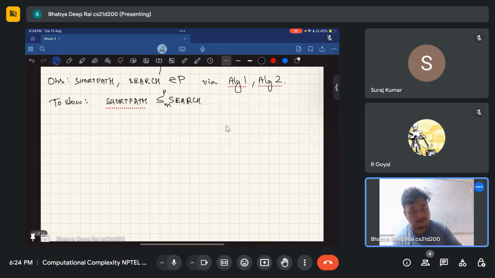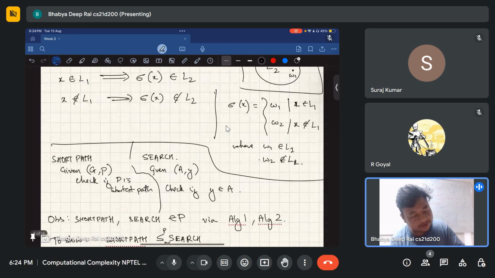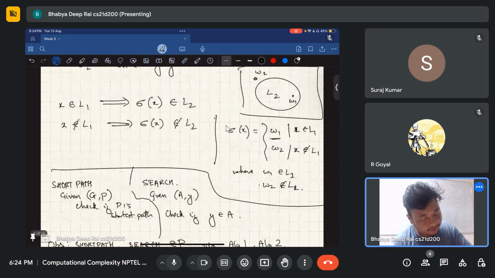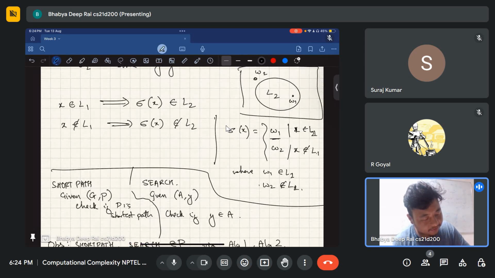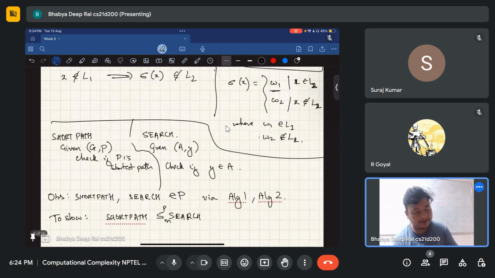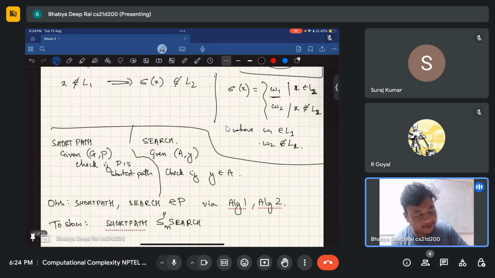Now I'm saying choose a W1 such that, sorry, this should be L2. X belongs to L1, that is correct. And W1 belongs to L2, W2 does not belong to L2.